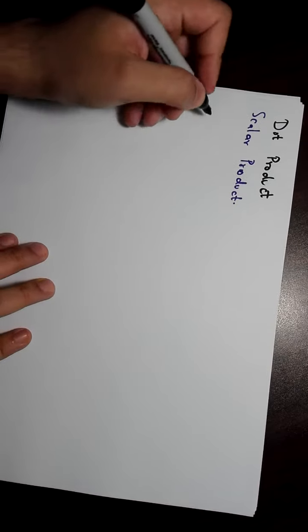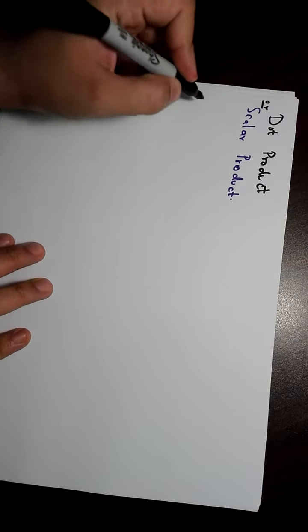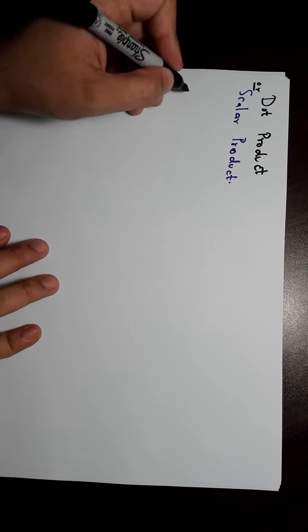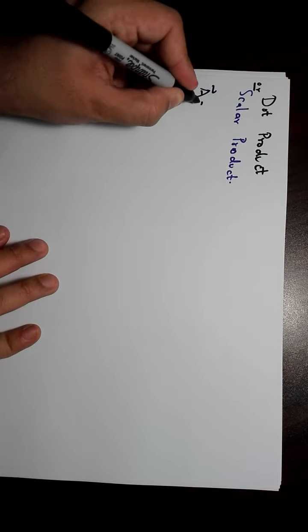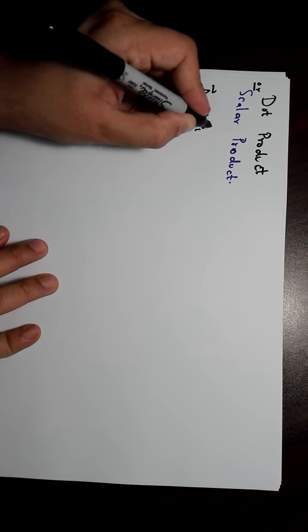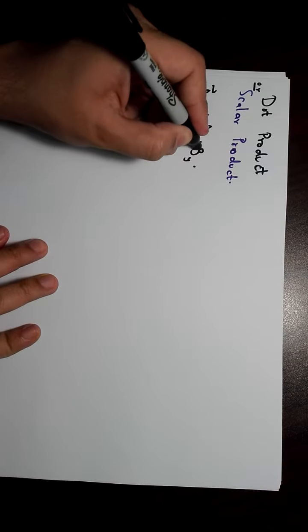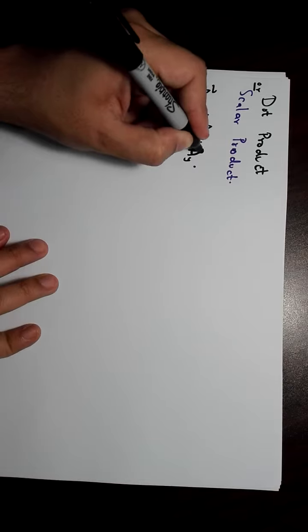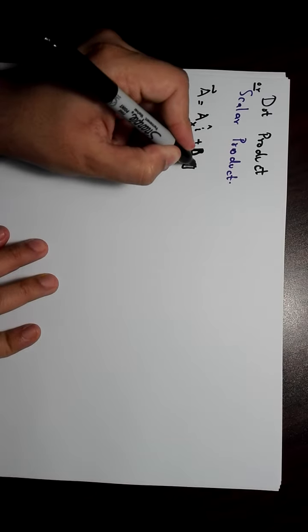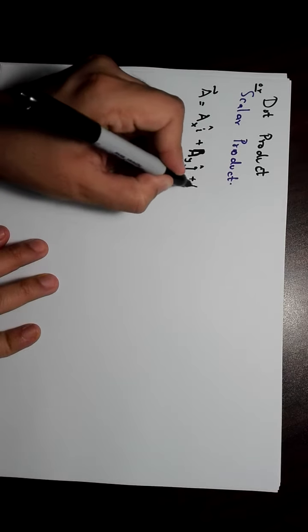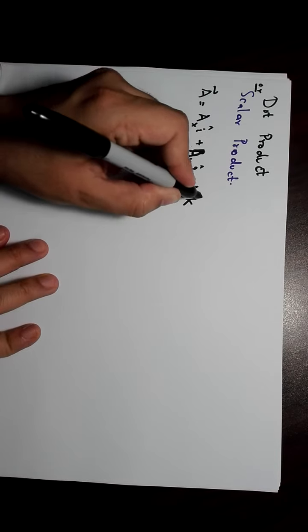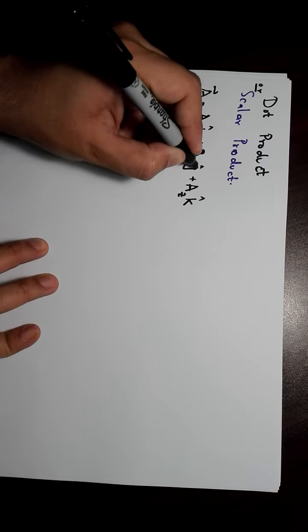Now let's say that you have two vectors, a equals ax i hat plus ay j hat plus az k hat.